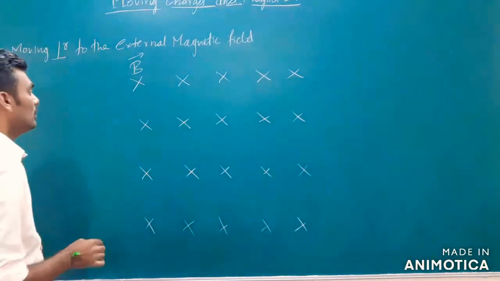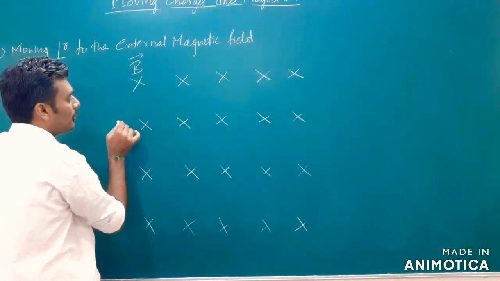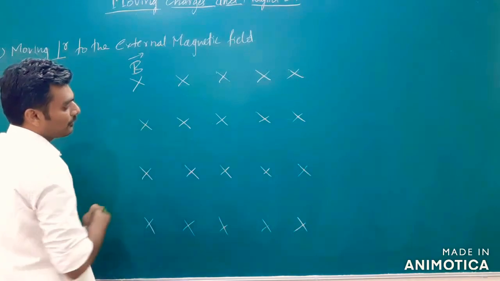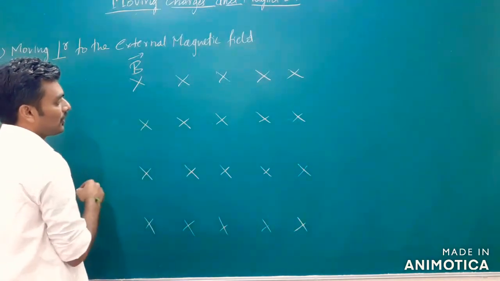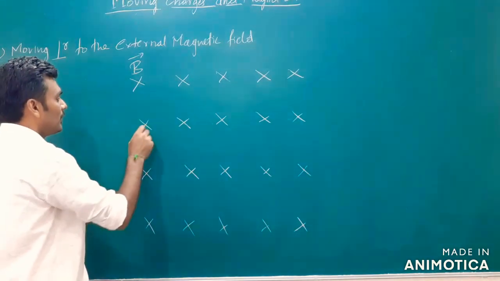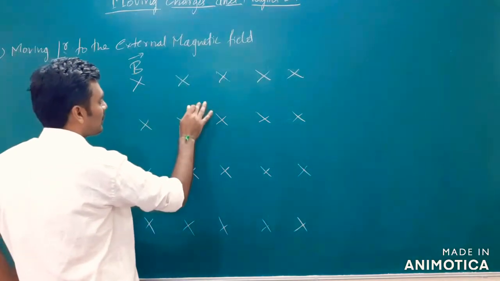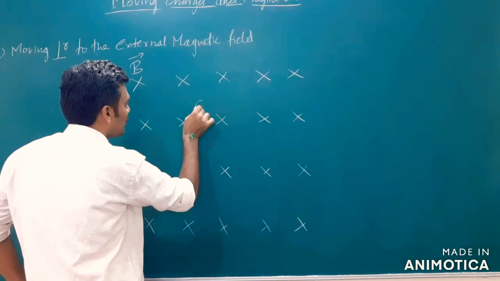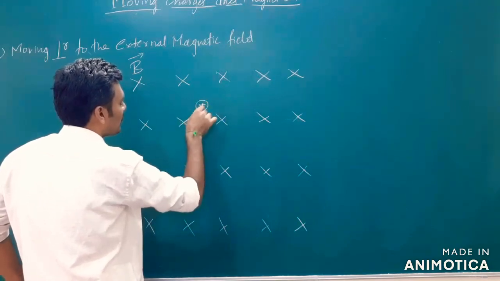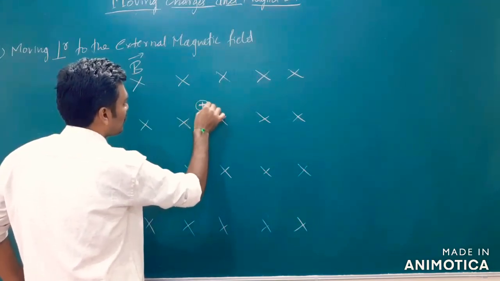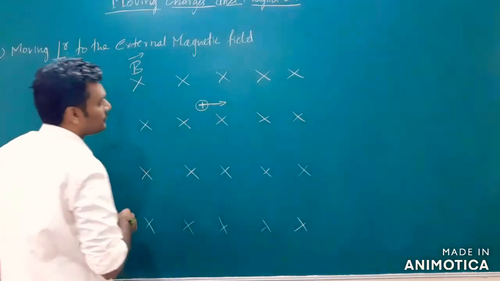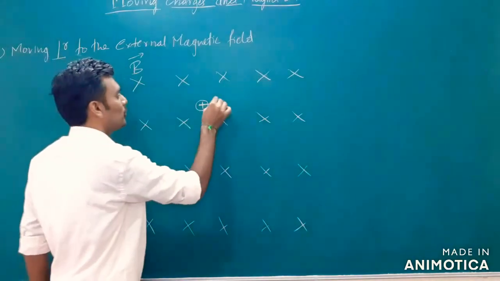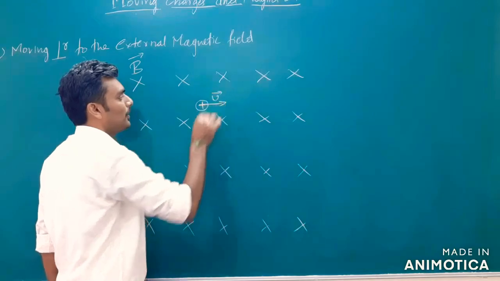Now what I'll do, I'll gently push a charge into the field with certain velocity v. Let me assume the charge at this point, it has come to this point already. Let me take a positive charge, for instance, and this charge is moving with certain velocity v.